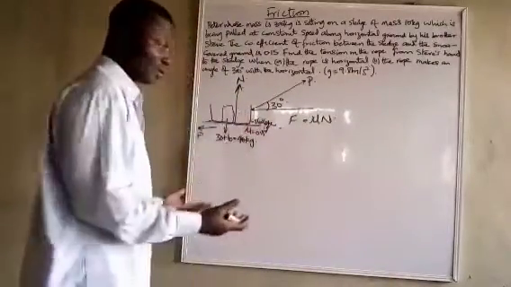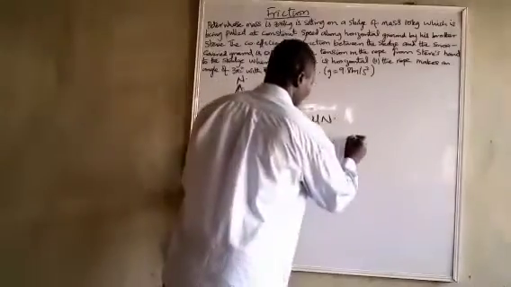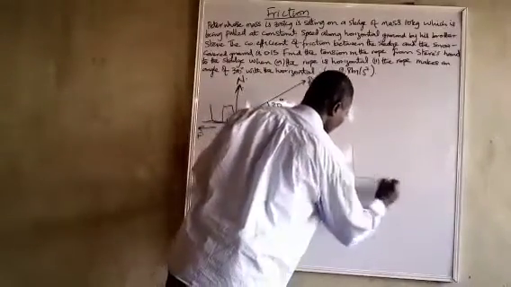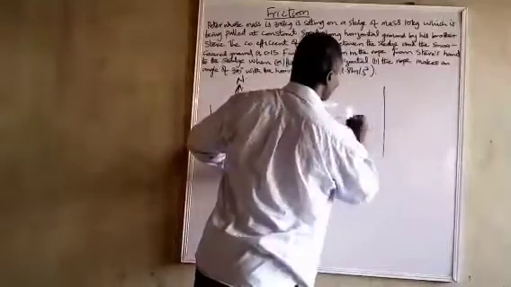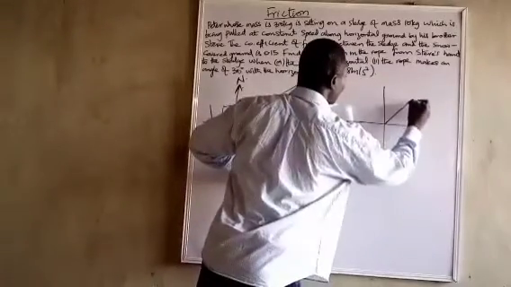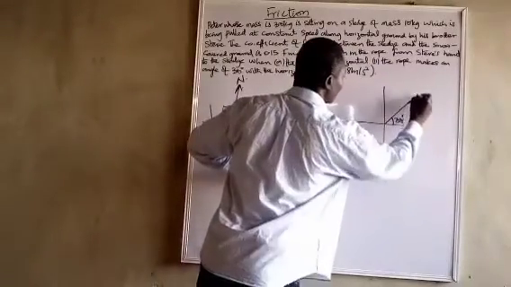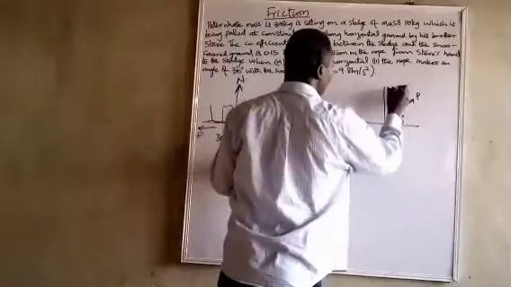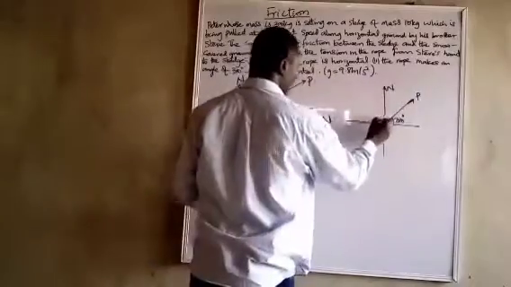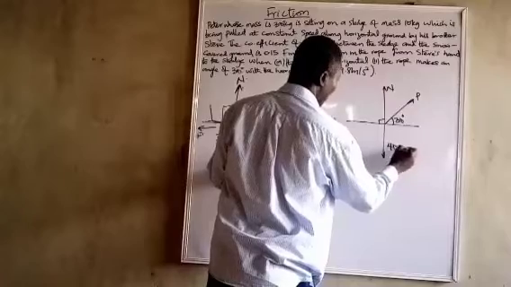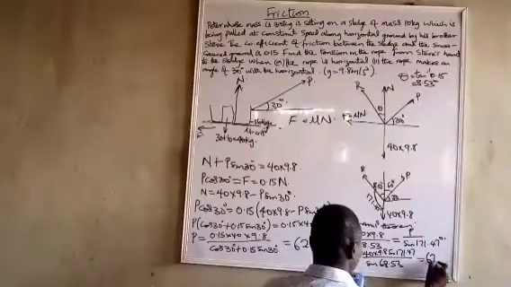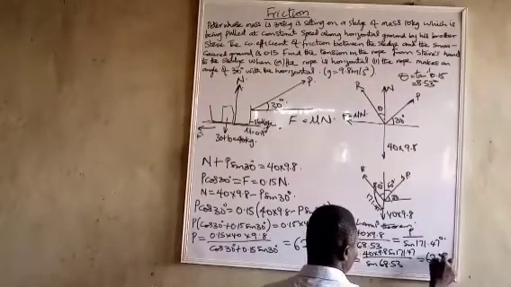So we can draw our force diagram like this. We have P like this, and we have 30 degrees. We have N perpendicular to the surface. We have 40 times 9.8, and 62.5 degrees.